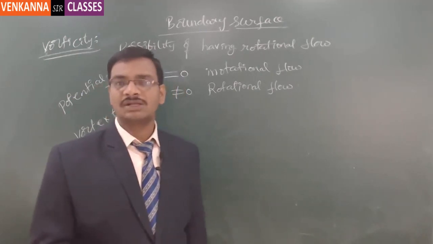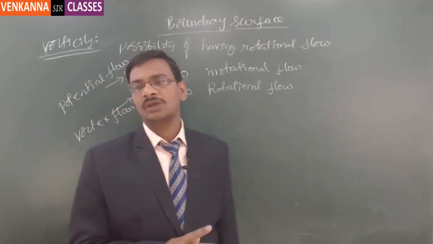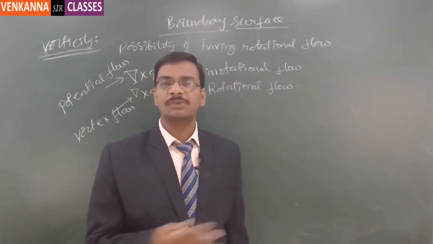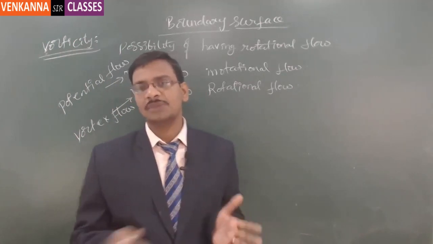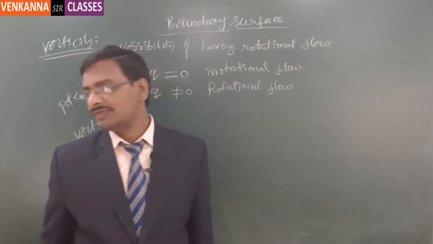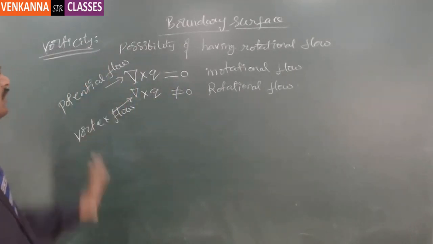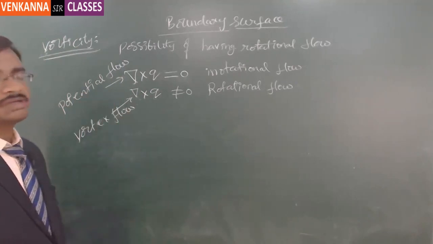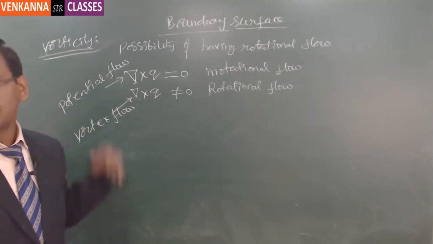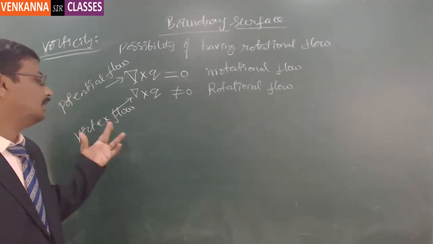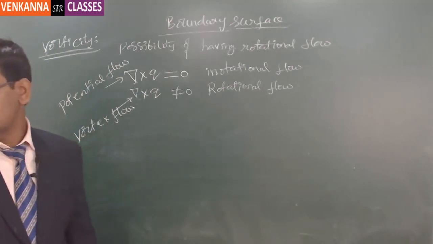If there are no vortex lines, that means there is no circular flow. Then the flow is based on the potential energy difference and moves in a linear fashion. That's why the entire fluid flow is divided into two parts: potential flow and vortex flow. We are going to deal with them separately.